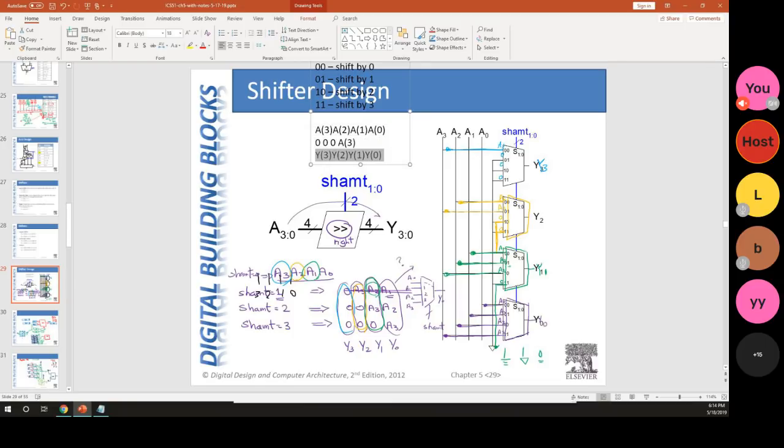If you did shift 4, then Y0 would be 0, but we can't shift 4 in this case because we have 2 bits, so we can only shift by 0, 1, 2, or 3.